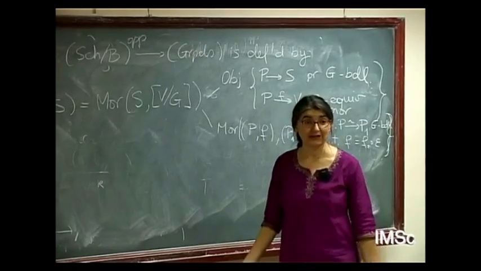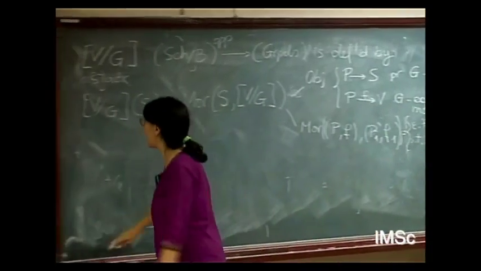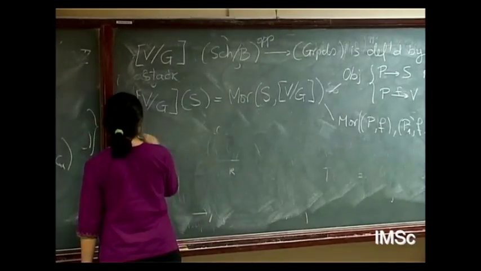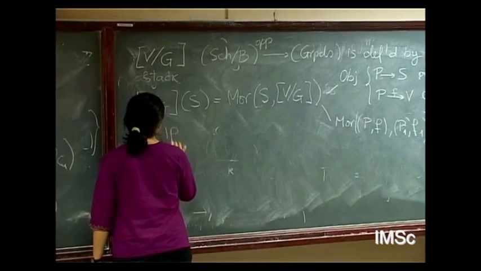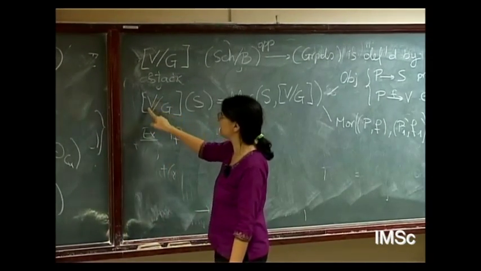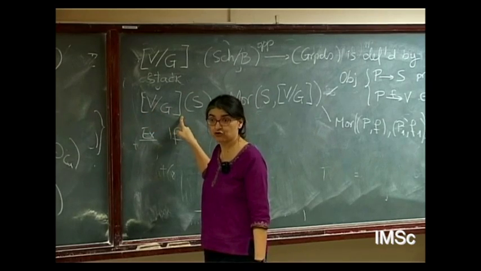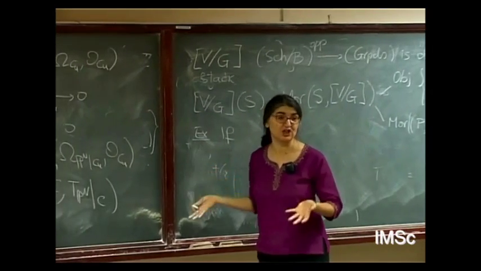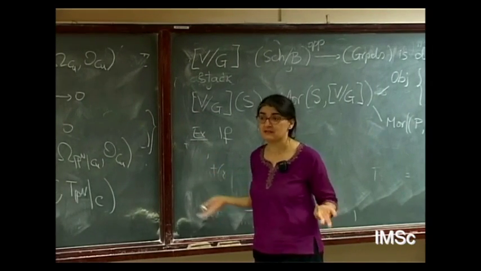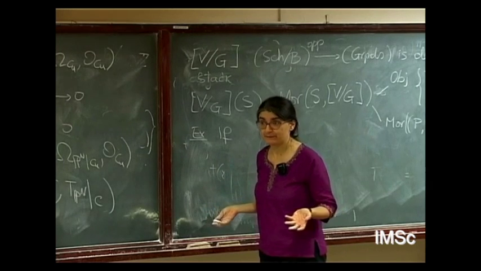And what you can check, which is a nice exercise, is that I told you that V is a scheme with a G action. A special case of a scheme with a G action is that it could be a principal G-bundle over something.